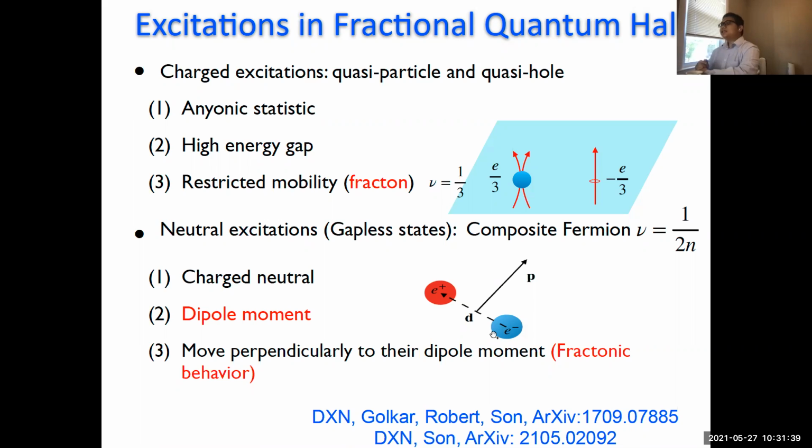Because of the Gauss law part of the symmetric tensor gauge symmetry, the dipole moment can only move in the direction perpendicular to the dipole moment. So basically the composite fermion can only move perpendicular to this dipole moment. And the same picture was introduced independently by me and my collaborator in another publication.